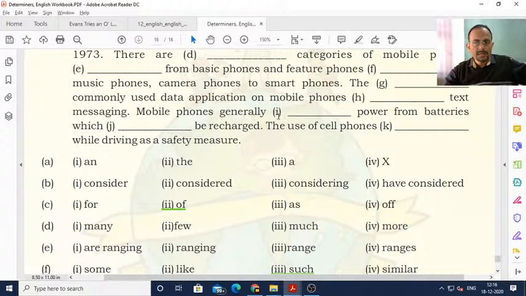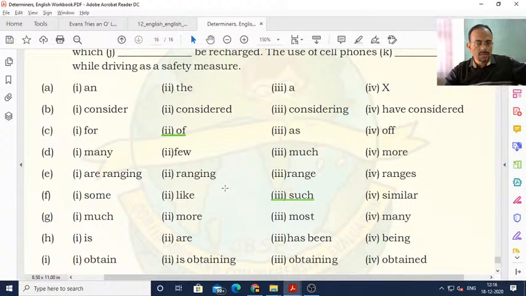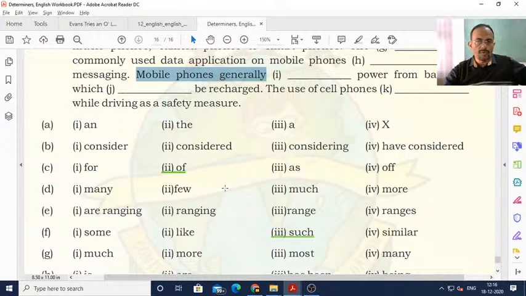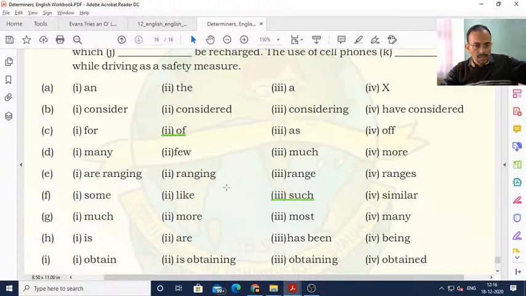Mobile phones generally dash power from batteries. Mobile phones generally obtain power from batteries. So here you can see it should be obtain.